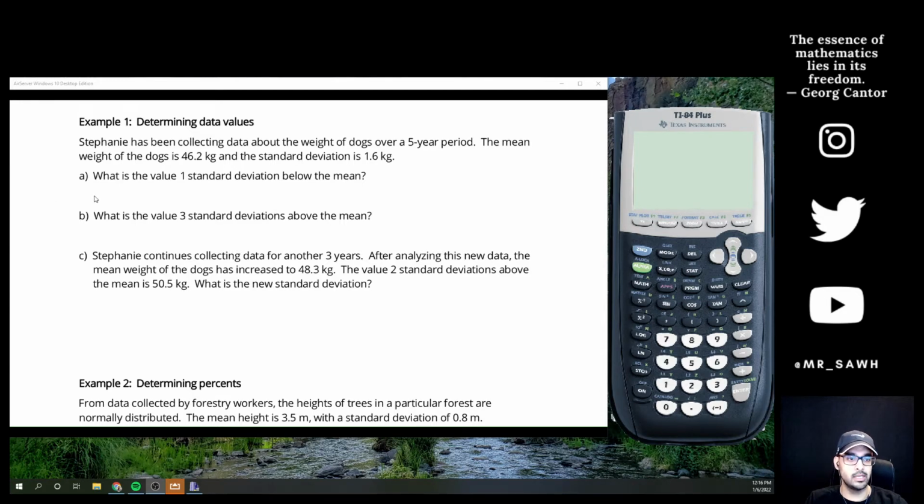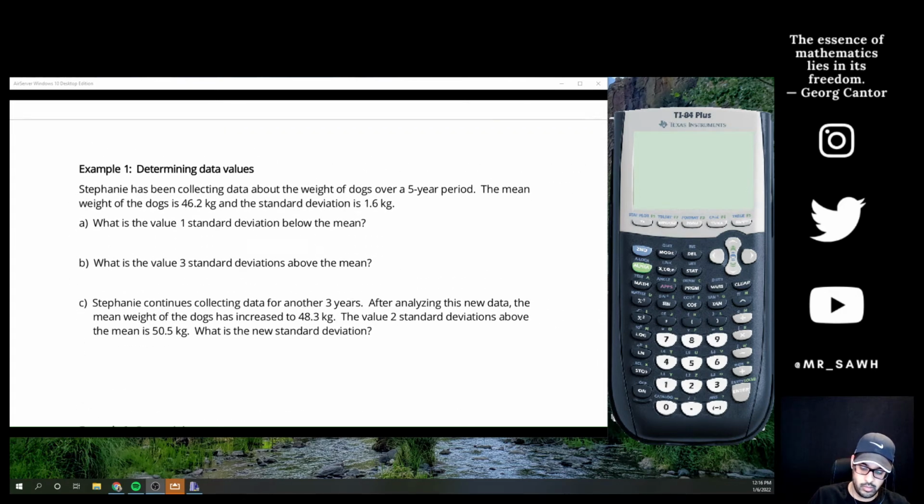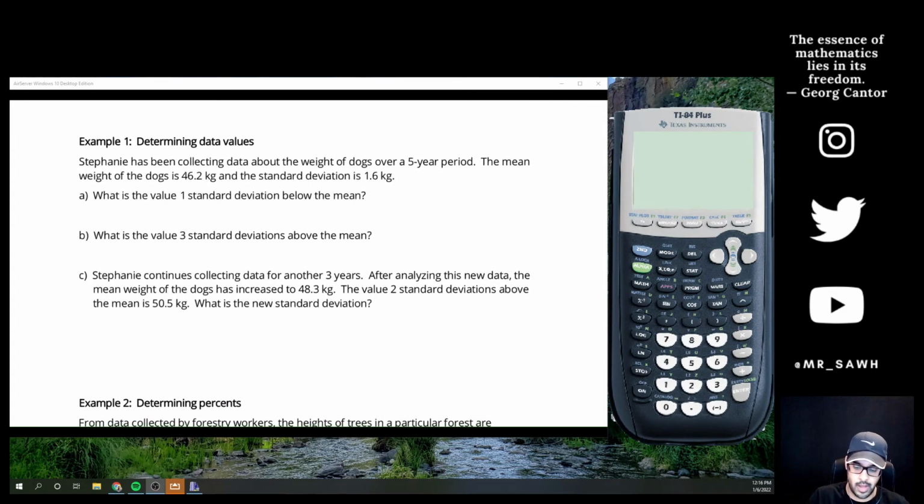So I'm asked here to think about what is the value one standard deviation below the mean. Well, based on what we just talked about, I know what the average is, and if I'm thinking a number below that average, that has to mean subtraction in math, something smaller. And I'm going to subtract one standard deviation.